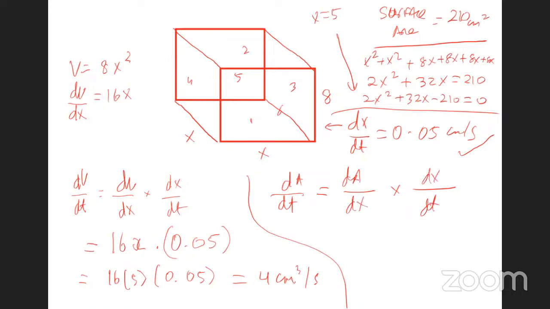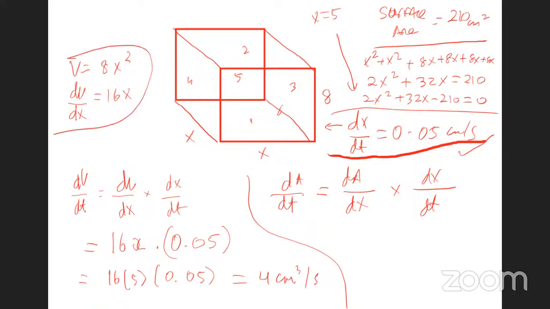We already have dx/dt right here. How are you getting dA/dx? Shirish, how are you getting dA/dx? How did you get dV/dx? Look at right here.